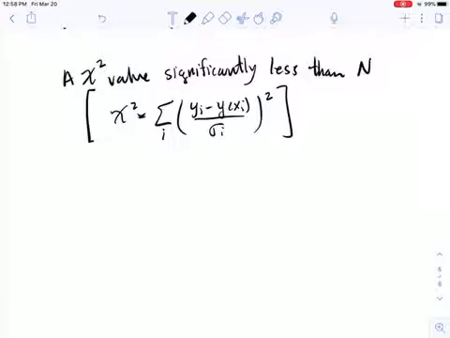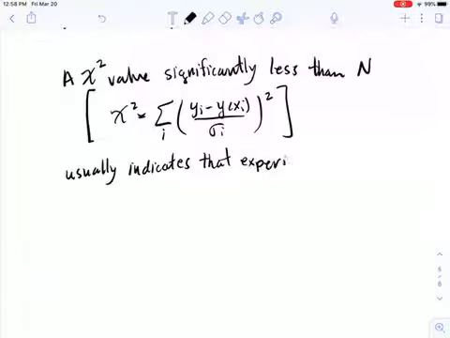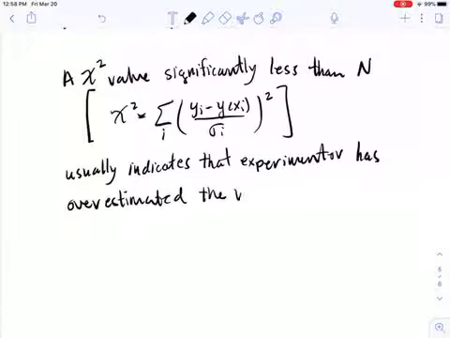So let's just finish this sentence and then we'll draw a picture. A chi-squared value significantly less than n usually indicates that the experimenter has overestimated the values of sigma i.